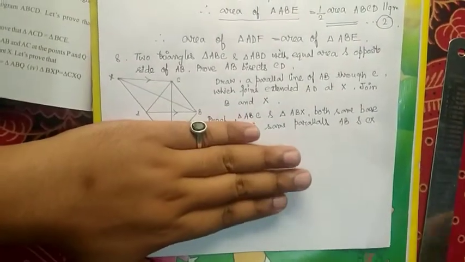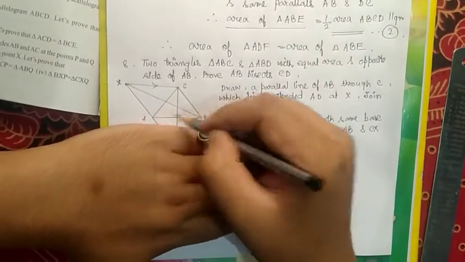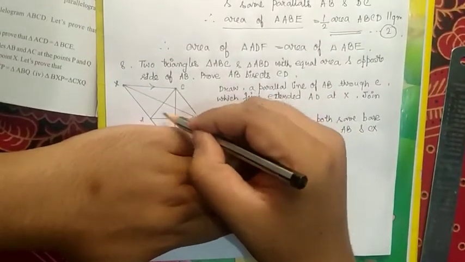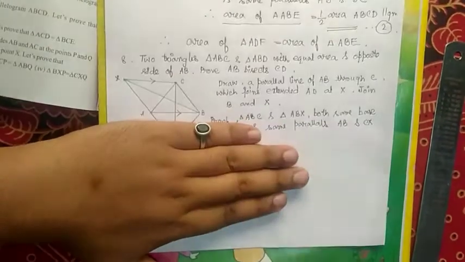You see that if this is the diagram, this triangle ABC and triangle ABX both are on the same base AB and both are between the same parallels AB and CX.